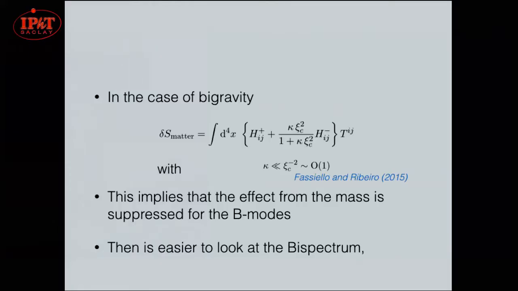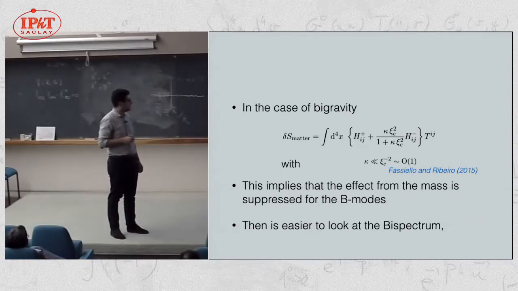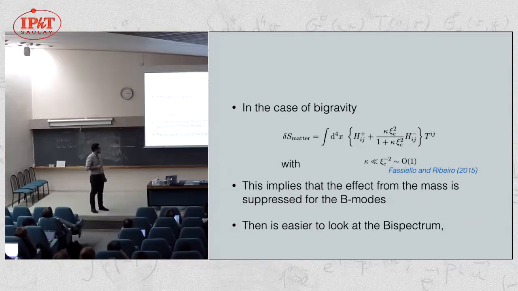So for example, in this work from 2 years ago, they found for a theory of massive bigravity that doesn't have instabilities at these scales, there will be a massless graviton, h_ij plus, and a massive graviton, h_ij minus, but the coefficient will be very small, meaning that there will not be an effect of the massive graviton on the B spectrum.